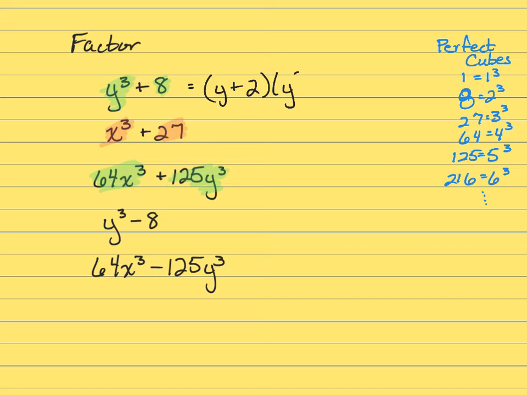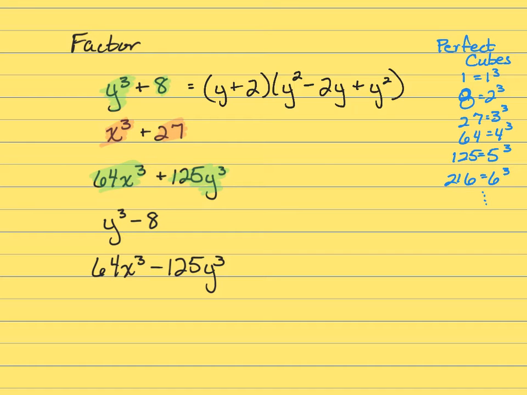It's going to be y squared minus 2y. So you square the y. Now you multiply these two things, the y and the 2. And then you lastly square the 2. And that's how it's going to factor. You end up with a binomial times a trinomial. Sorry, we've got to go back and fix that.